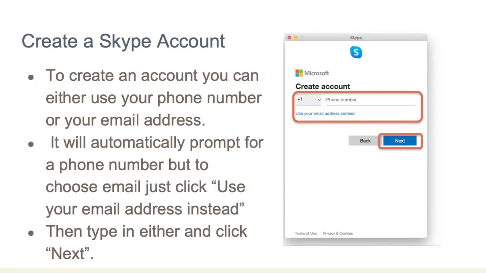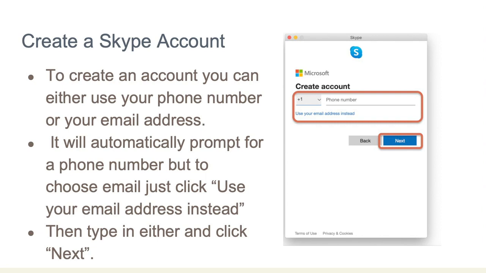So after clicking create one, it's going to ask us either for our phone number or email address. You can choose which one you want to use. By default, it asks you to put in a phone number. However, you can click just under it where it says use your email address instead, and then you can enter your email address.